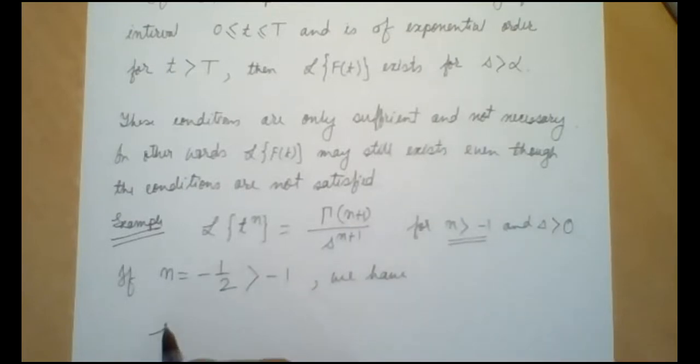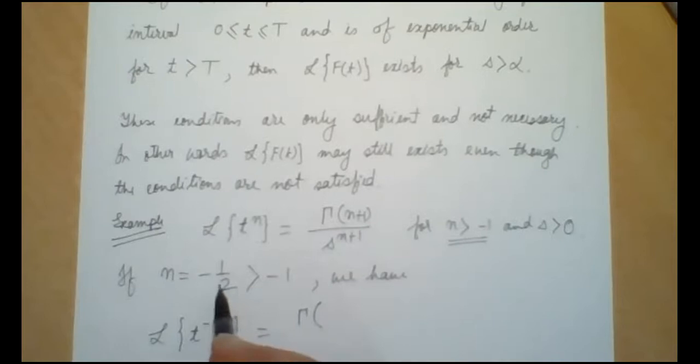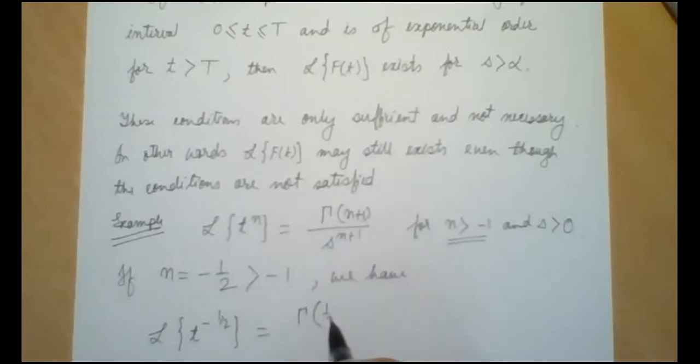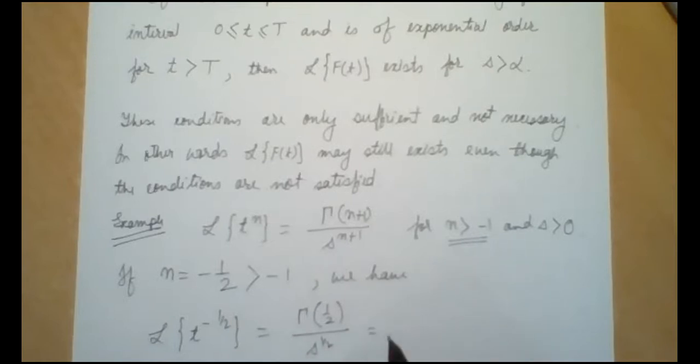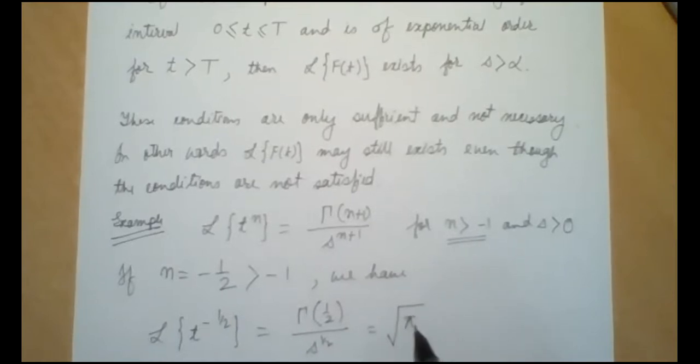We have the Laplace transform of t to the power -half equal to gamma of -half plus 1, so this is gamma half divided by s to the power half. So this is nothing but root pi by s.